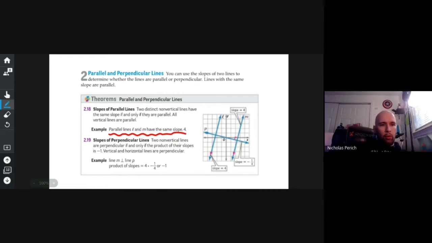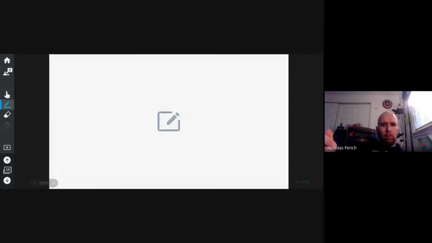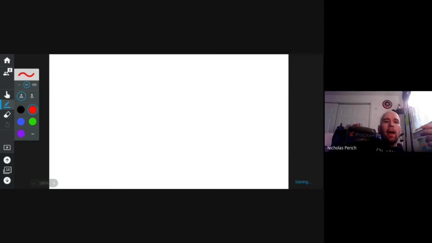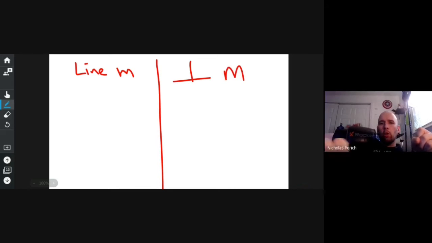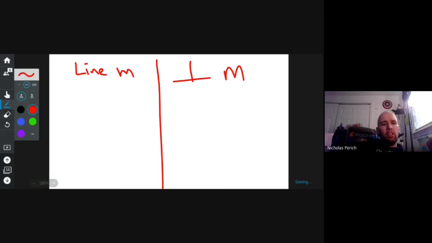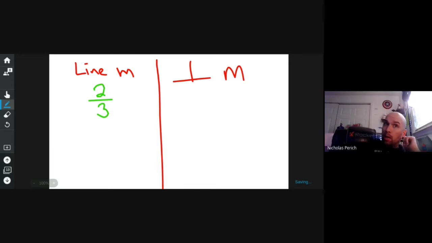Negative 3 over 2. In fact, let me open up just a blank screen and give you a little reminder. If I have a line over here, we'll say the line's slope, and then over here we'll say the upside down T, as one of you once called it, perpendicular slope. If my line has a slope of 2 over 3, then the perpendicular line is going to be the negative reciprocal, which means you flip it to 3 over 2 and make it the opposite, negative.